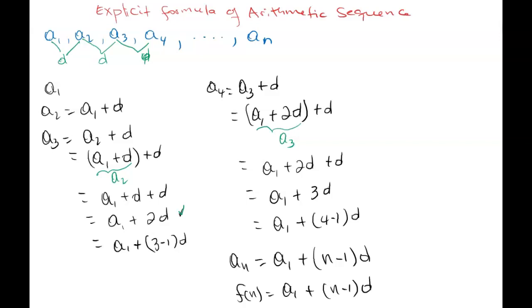Now, let's write the explicit formula for the following sequence. Example. Given the following sequence: -4, -8, -12, -16.